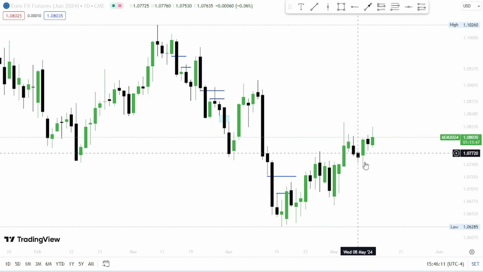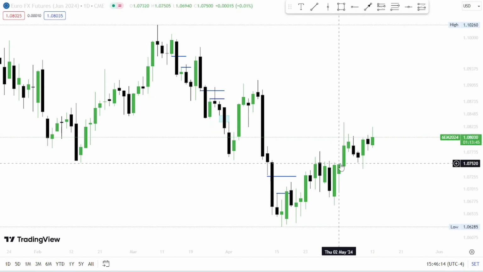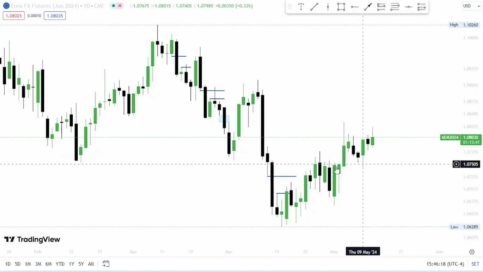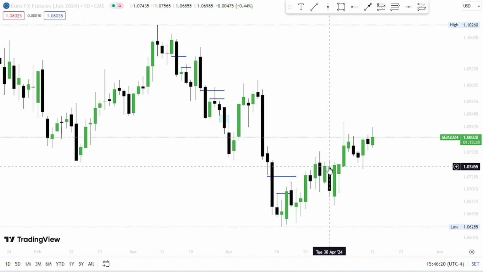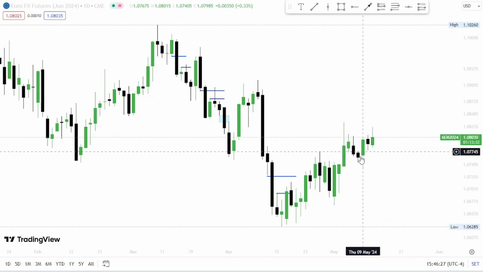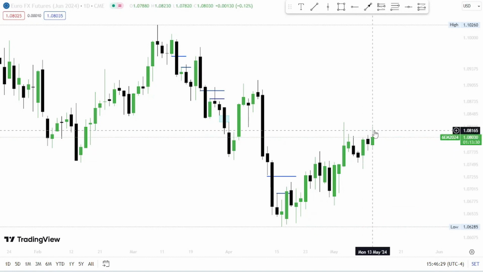Went up, came down, high of this candle, low of this candle, fair value gap, plus that order block there, retesting it here, and the market is currently going up here.